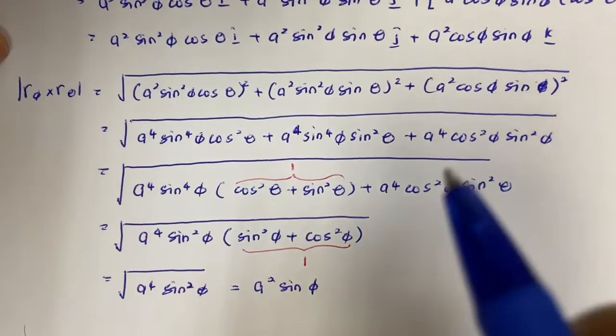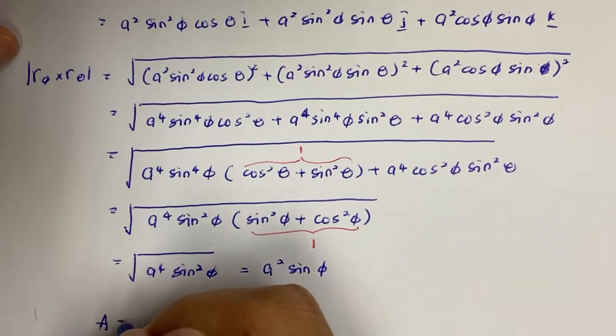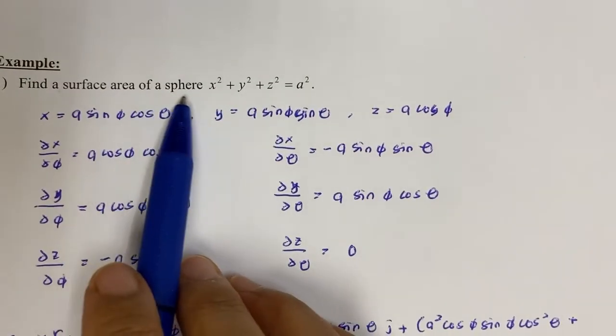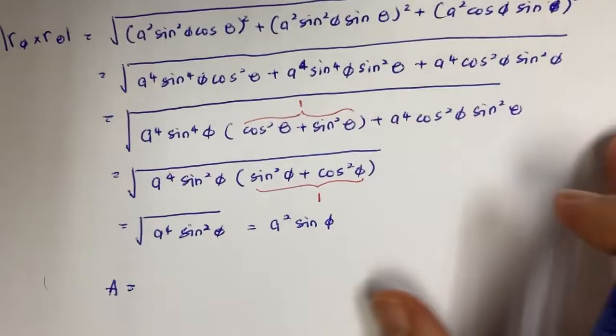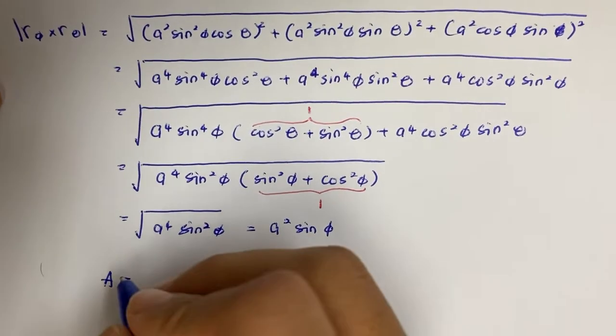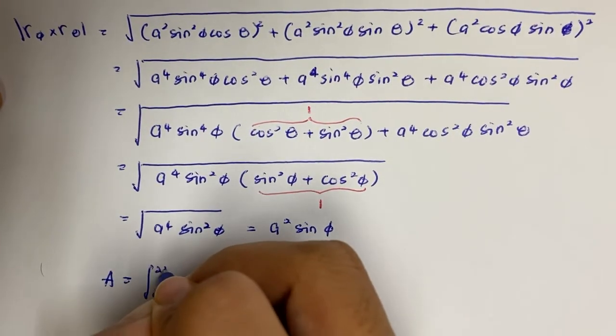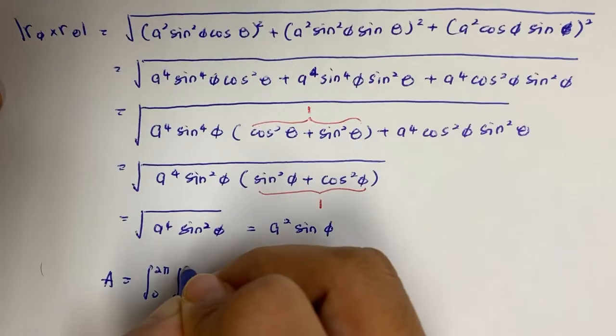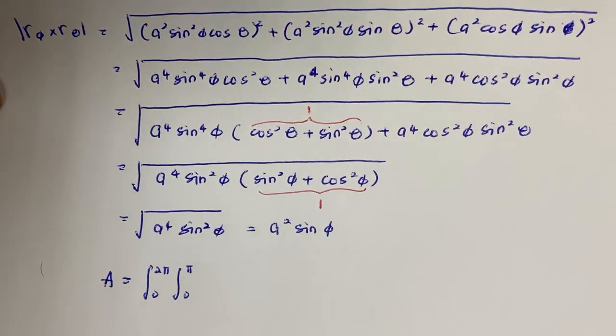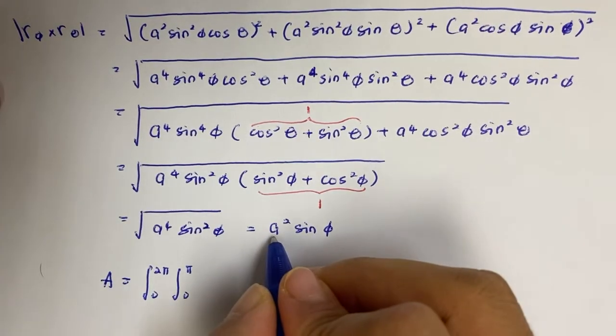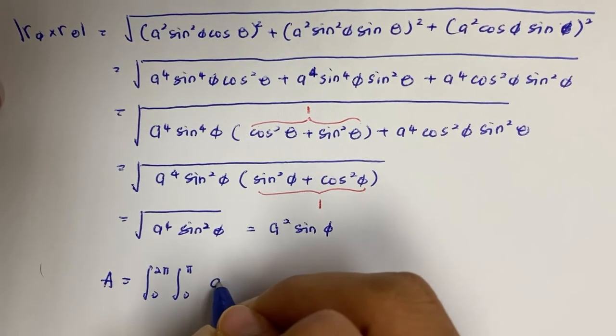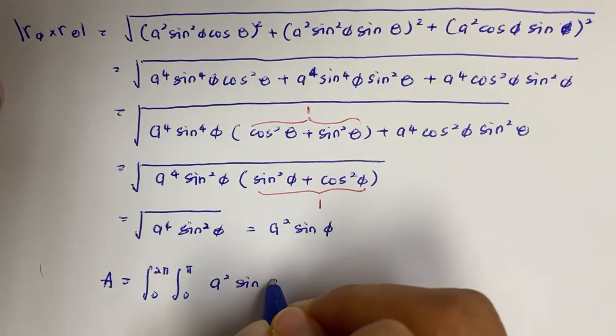Okay, now you can find the surface area for the sphere. Okay, so the surface area for the sphere is the integral from 0 to 2 pi, 0 to pi. Okay, the limits for phi and theta, and then you have the magnitude a square sin phi.